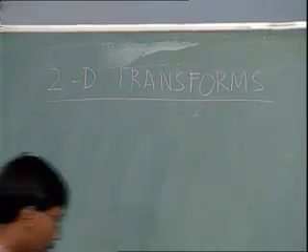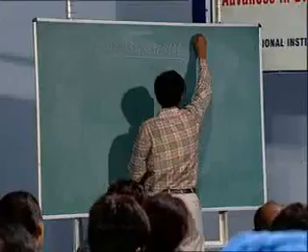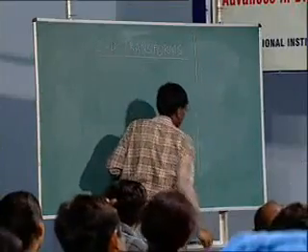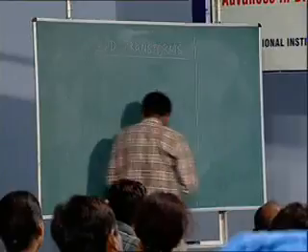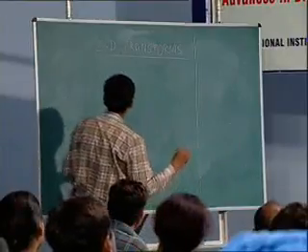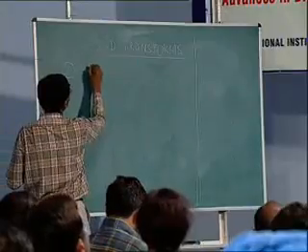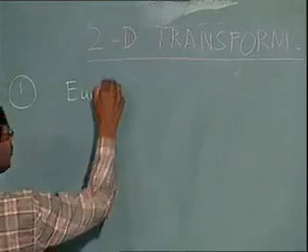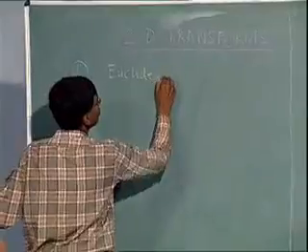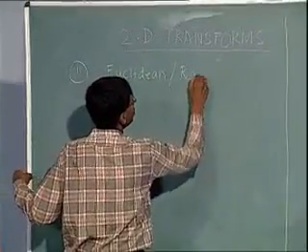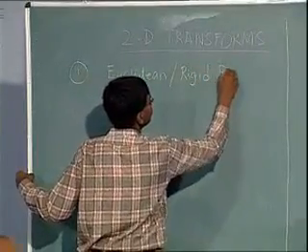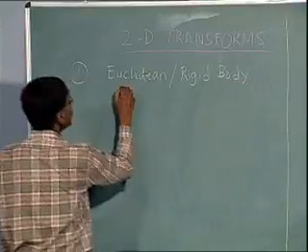One part of the board I will leave for drawing an overall diagram, and let us see what one can do with a point. First, let us start off with what is called a Euclidean or a rigid body transform.